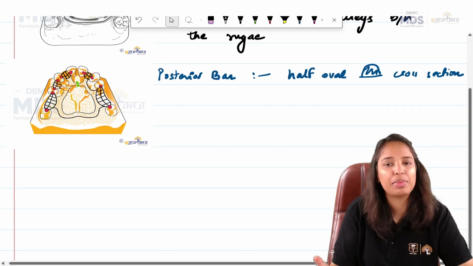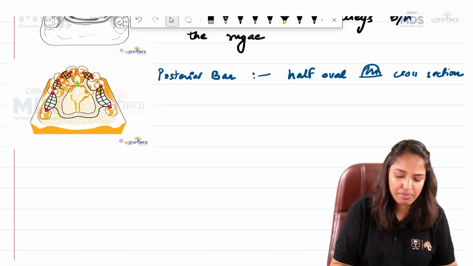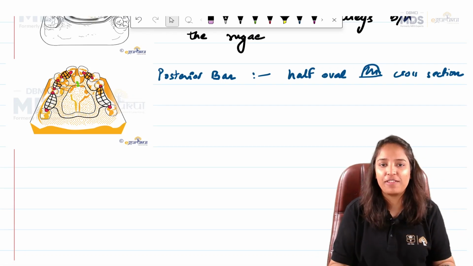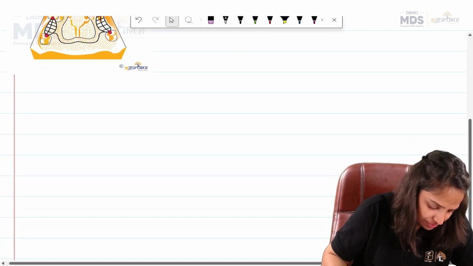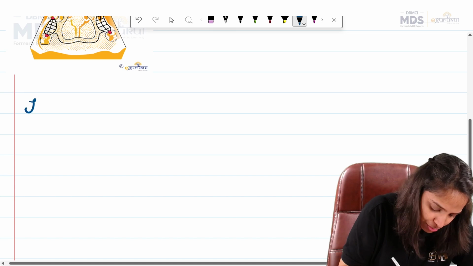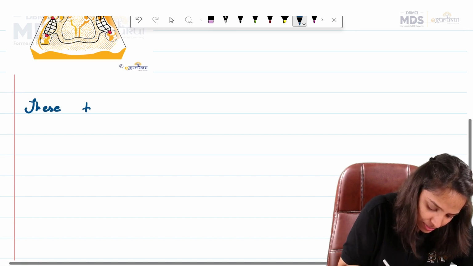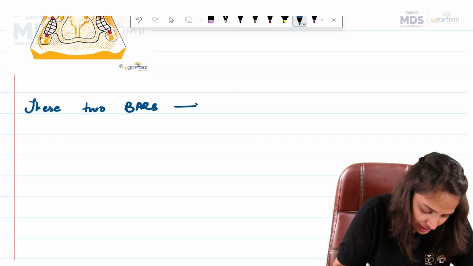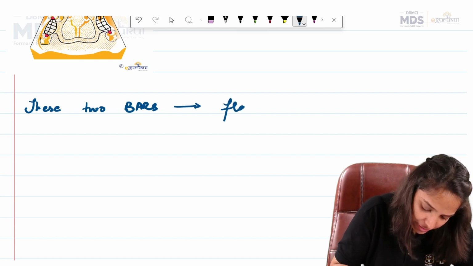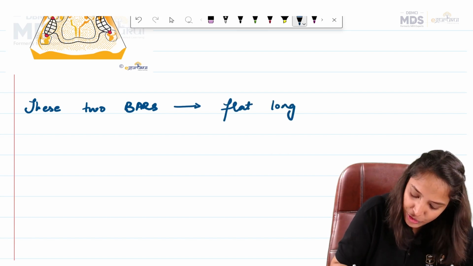It is slightly bulkier than your anterior bar. Anterior bar was flatter in design. These two bars, how are they united? They are united by flat longitudinal elements.